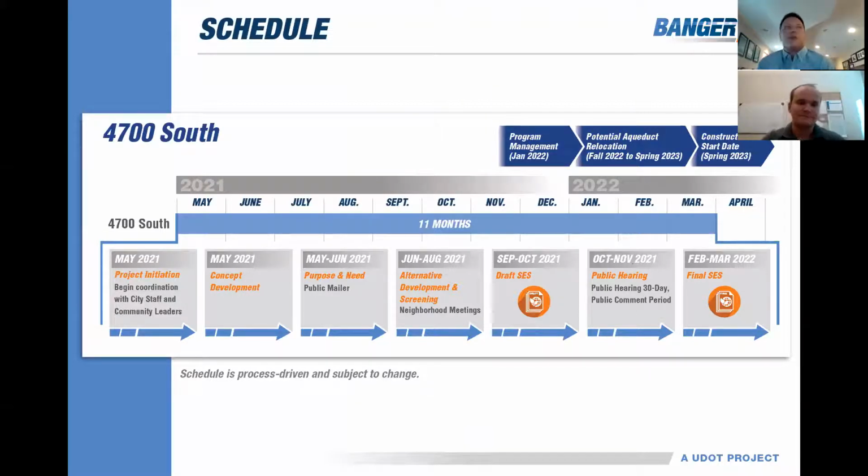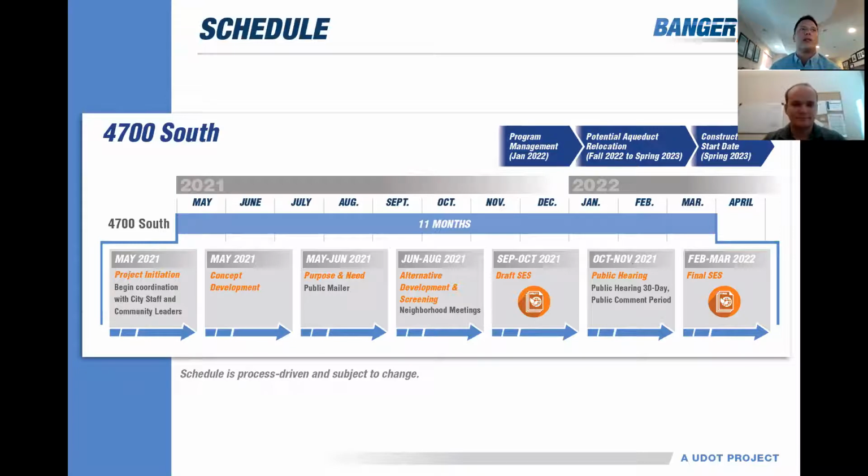This slide shows the project schedule and accompanying milestones. The orange represents project milestones and the gray public coordination milestones. But as Tyler has mentioned, you can always get in touch with the project team through the project hotline, website, email, or even traditional mail at any time.